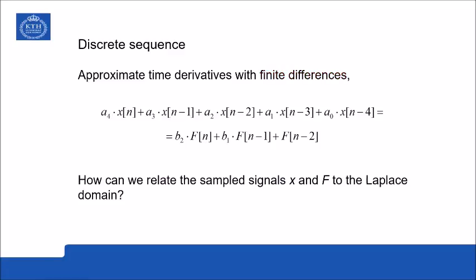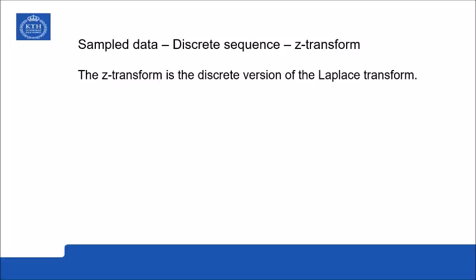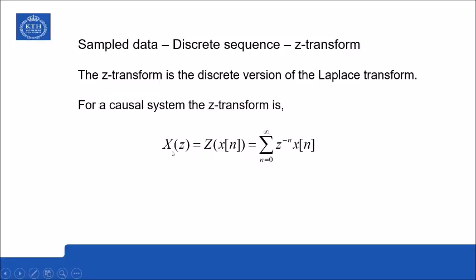So how can we now relate the sampled signals to the Laplace domain? Remember that we usually like to work in the Laplace or frequency domain. Well, that is achieved with the Z-transform, because the Z-transform is the discrete version of the Laplace transform. It is developed to be applied to finite differences. For a causal system, the Z-transform is defined as this.